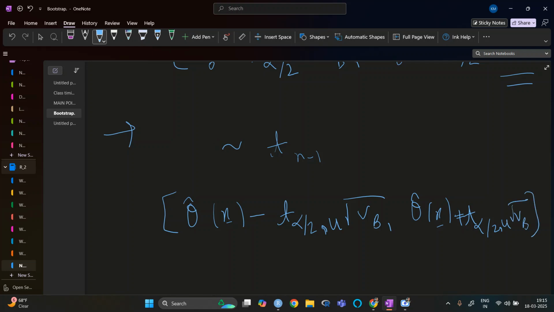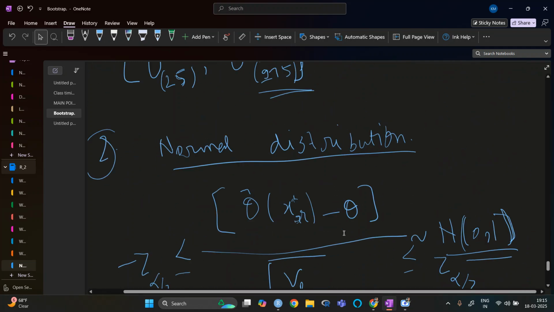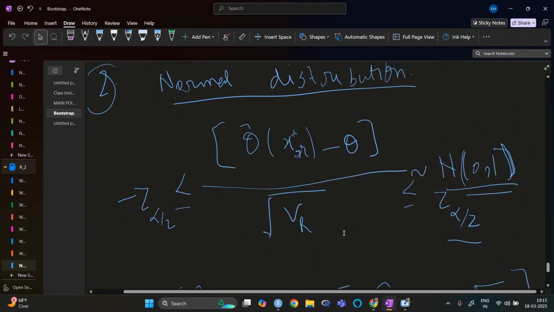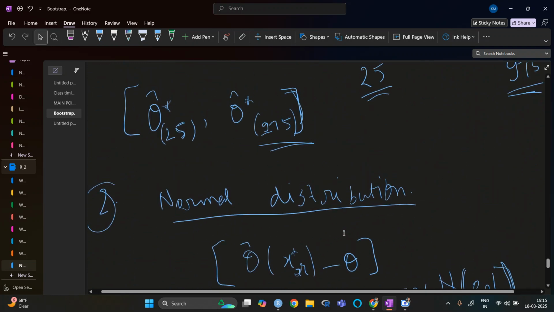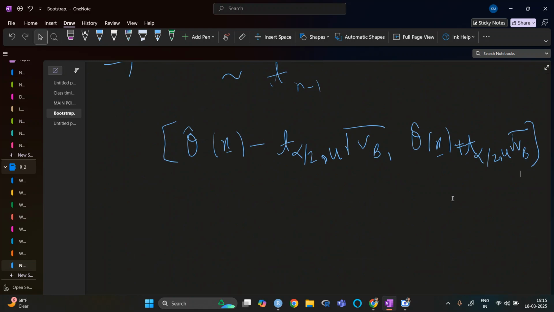So just replace this z alpha by 2 by t alpha by 2. In z there is nothing like degree of freedom, so here we use degree of freedom, so a u will come. According to the degree of freedom we will take this u.